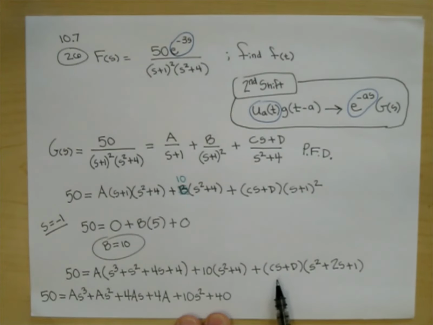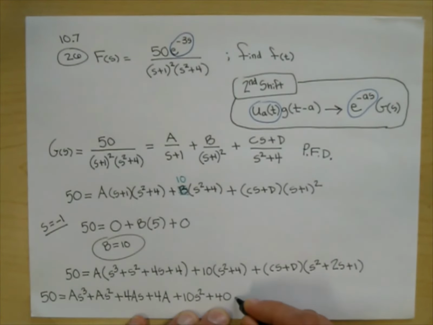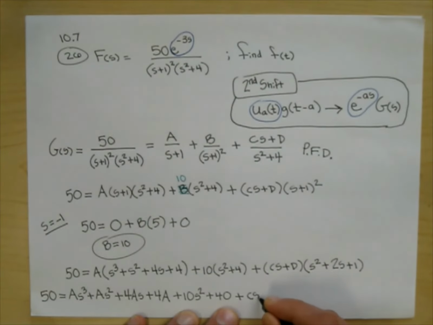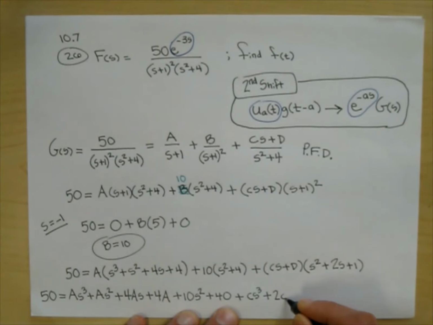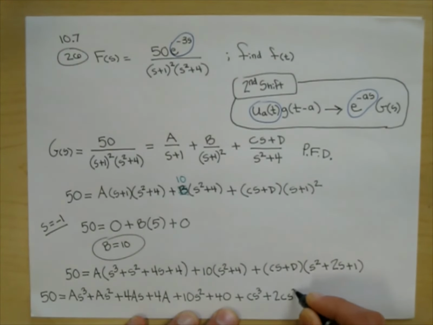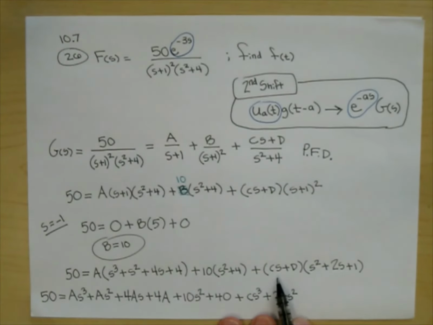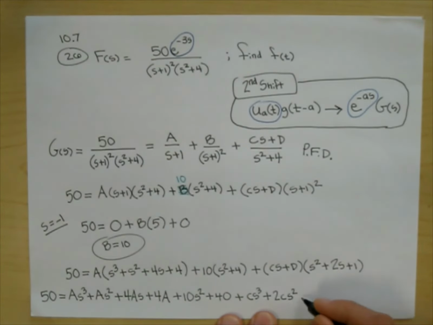So why don't we go ahead and multiply cs times each of these guys. So this is going to be plus cs cubed plus 2cs squared, and then plus cs.